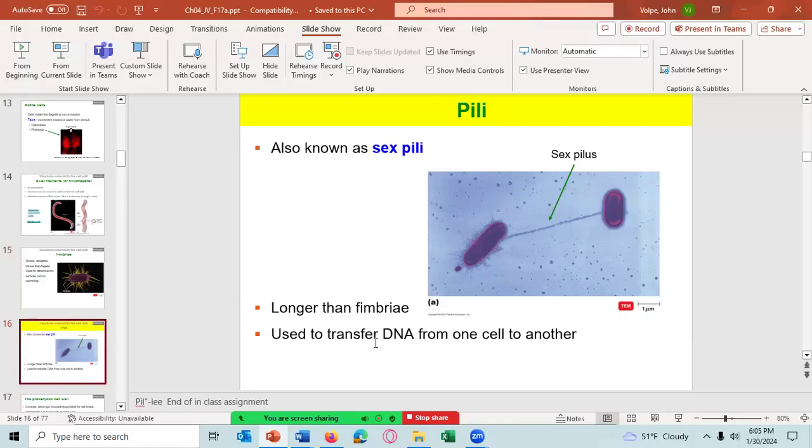And the pilus is something for moving DNA from this cell into that cell. So this is usually called the sex pilus. It is longer than fimbriae, and it's used to transfer DNA from this cell into that cell.